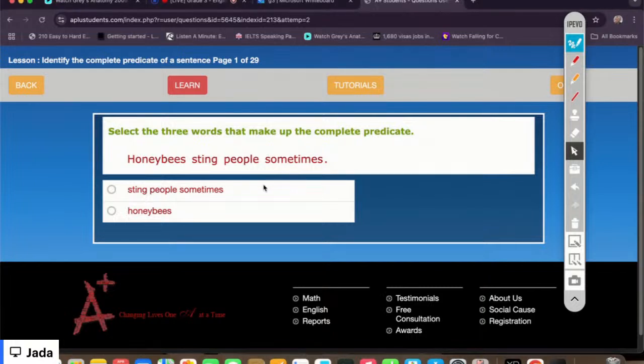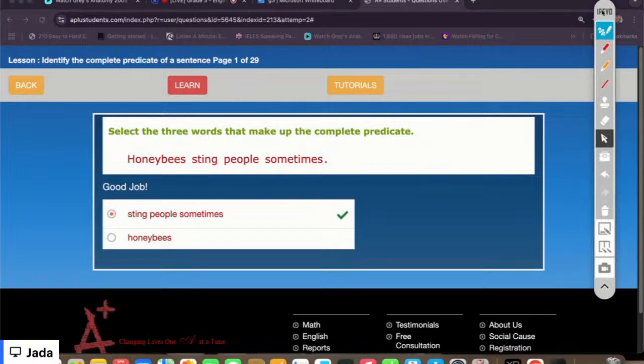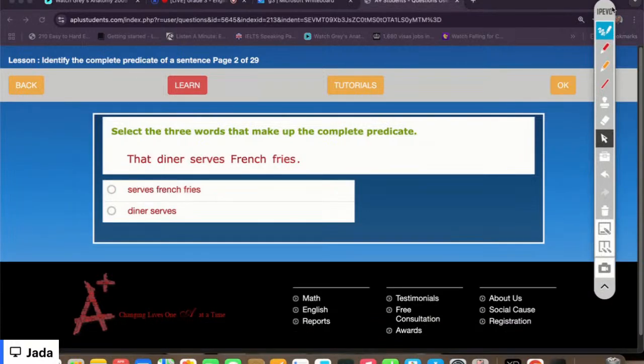All right, so we have sting people sometimes. The dinner serves French fries.